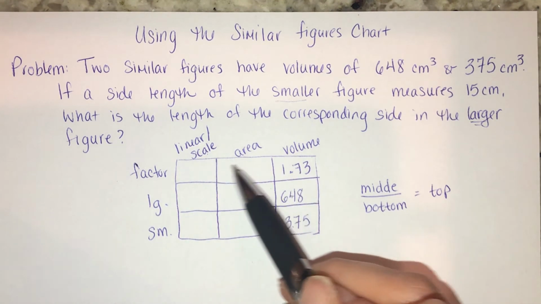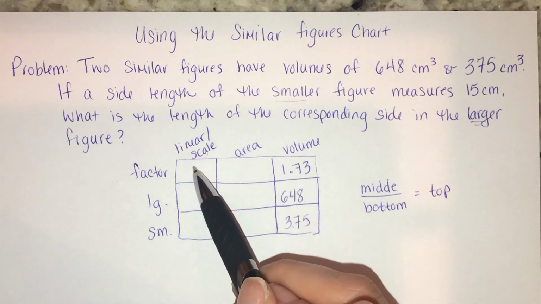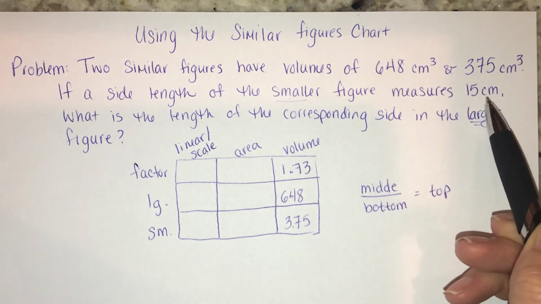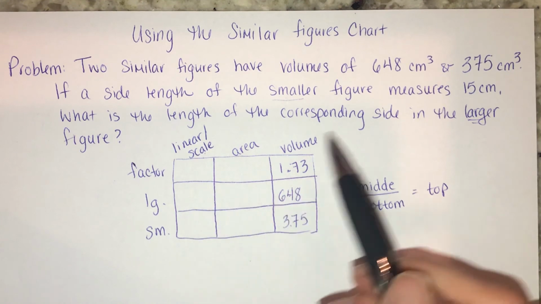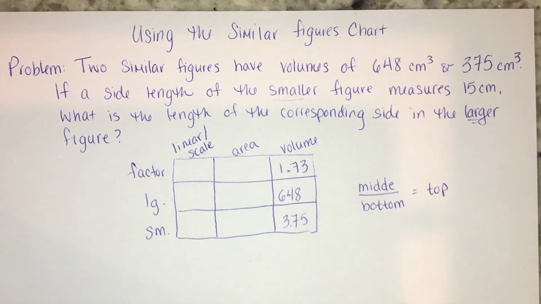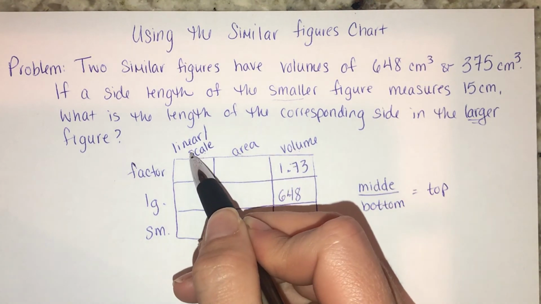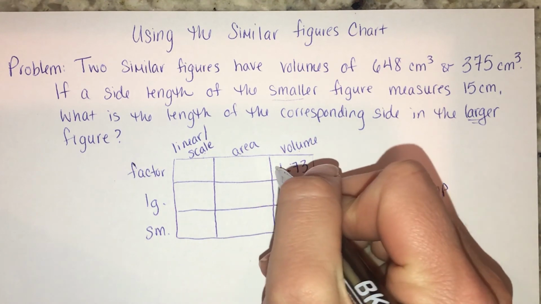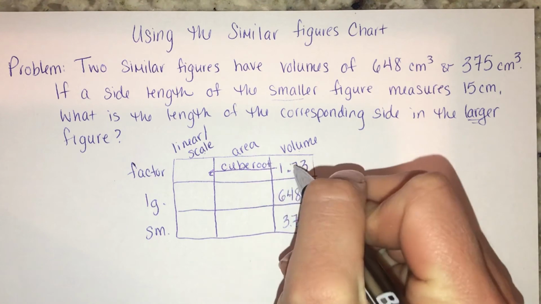Now, in order to talk about the different factors, you always want to use your scale factor as your base. In this case, since I'm asking a question about linear units, we only have to worry about this first column. If I had put something in this question about surface area, I would be using the middle column. To go from the volume factor backwards to the scale factor, I just need to cube root my number.